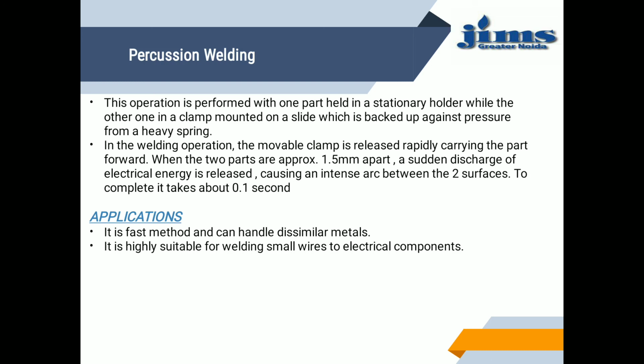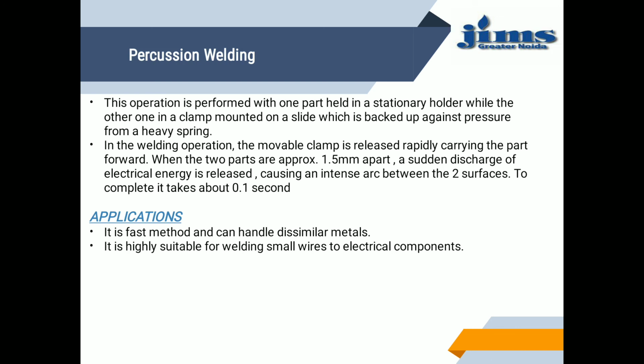In this welding operation, the movable clamp is released rapidly, carrying the part forward. When the two parts are approximately 1.5 mm apart, a sudden discharge of electrical energy is released, causing an intense arc between the two surfaces. It takes about 0.1 second to complete this welding.